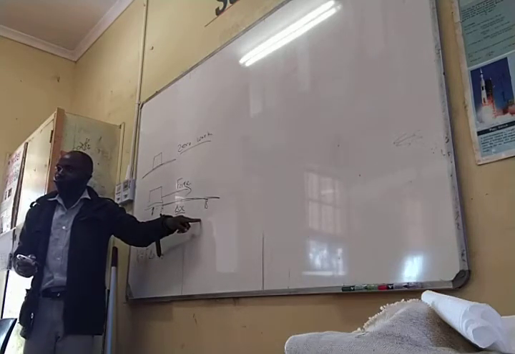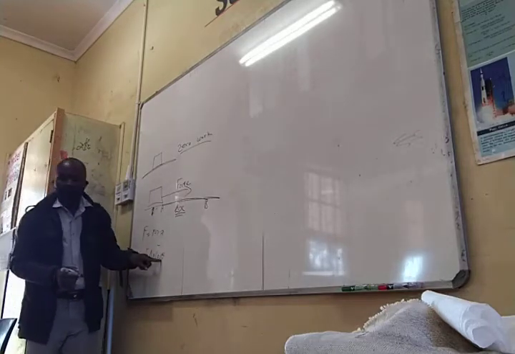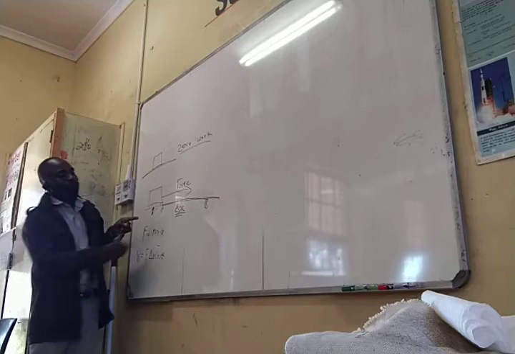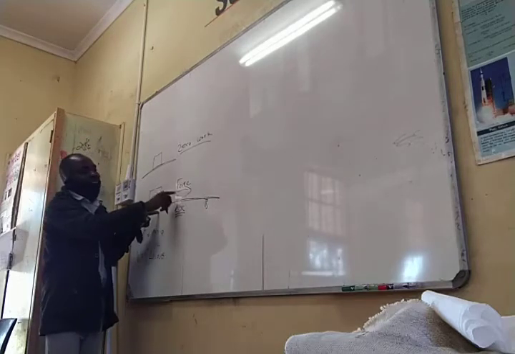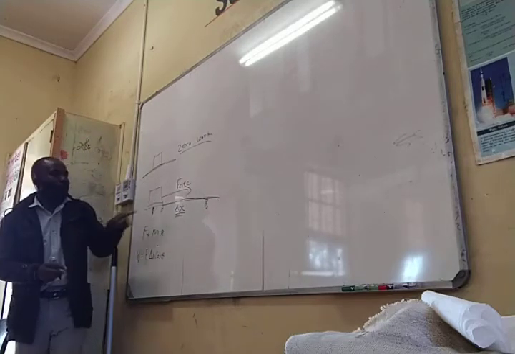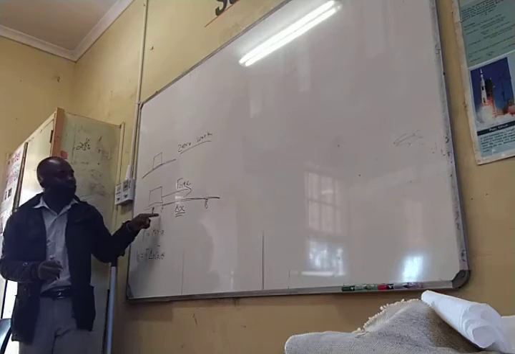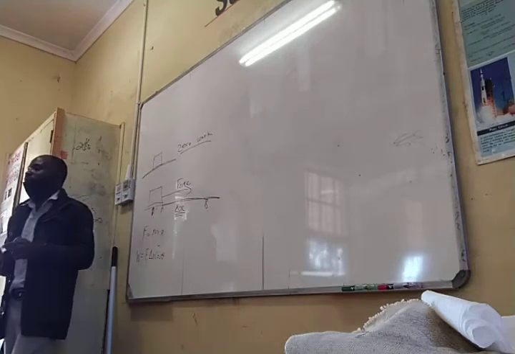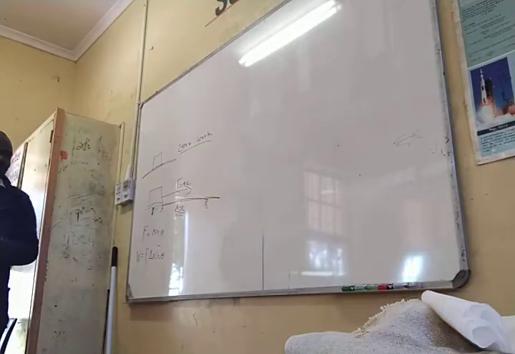Are we together? Yes. So now, what is this theta? This is the angle between displacement and the force. Are we together? So you are having a force F here, and then also a displacement. But we don't know how much is the displacement. Are we together?